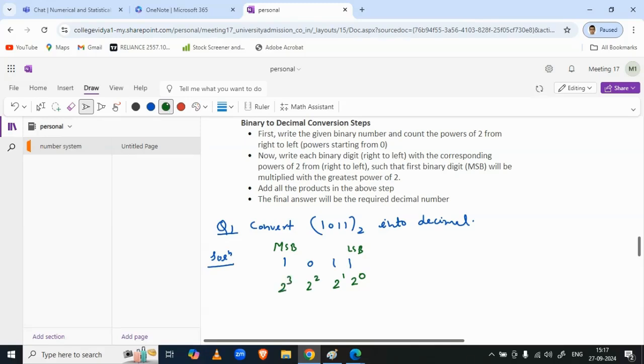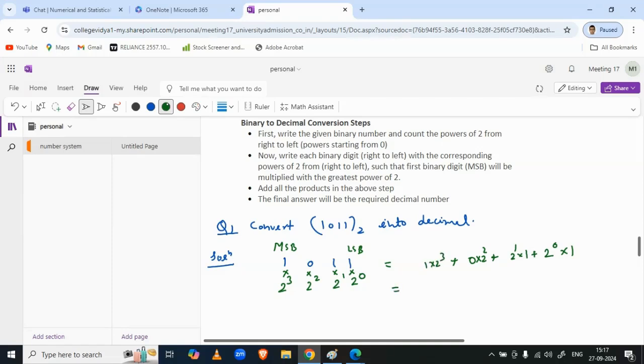Then we will multiply this positional weight with each corresponding binary digit. So we will write 2 to the power 0 multiplied by 1, plus 2 to the power 1 multiplied by 1, plus 0 times 2 to the power 2, plus 1 times 2 to the power 3.